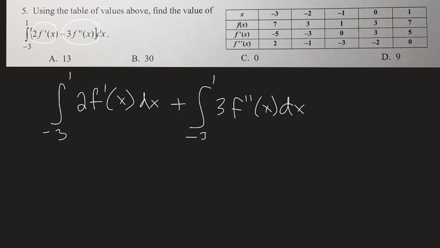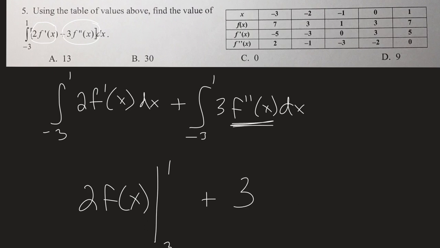Okay, so now I'm going to take the antiderivative, and the antiderivative of 2f primes is 2f's, right? So 2f of x. And nope, I am doing this wrong. I do not need to have the integral symbol anymore. Okay, in fact, I want to evaluate this from -3 to 1, and then plus the antiderivative of f double prime is f prime.